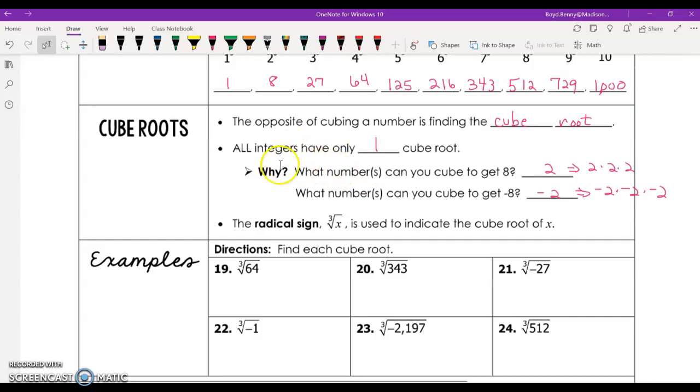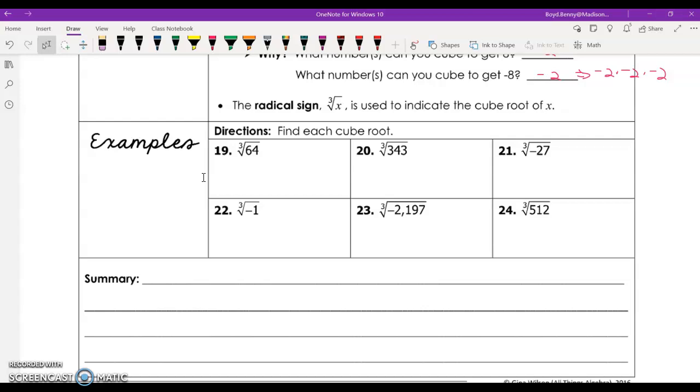Okay? So when we're looking for cube roots, we're looking for the number that, when it's multiplied by itself 3 times, gives us the number under the radical. Okay, so if I'm looking at 64, I know that 4 times 4 times 4 is 64. Therefore, the cube root of 64 would be 4.